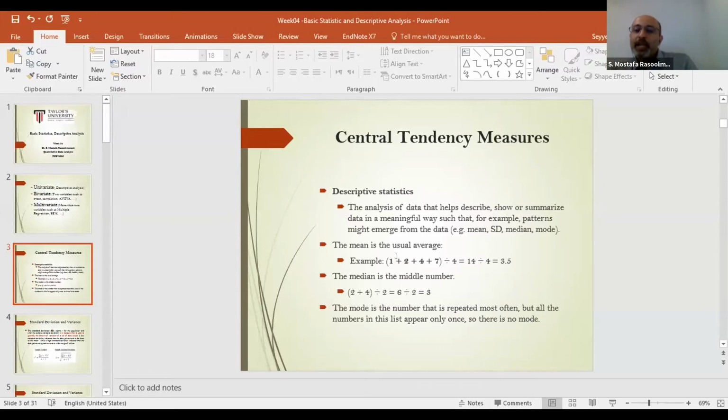So you need some measure, some parameters, to understand the overall satisfaction of these 400 cases.